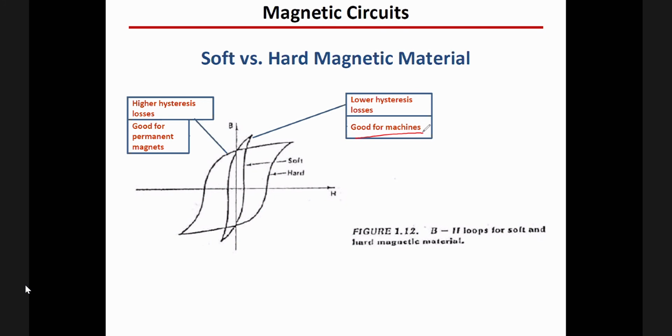Because you don't want machines to store magnetic field and lose part of the input or the output. So when you design the machine you try to pick a material that doesn't store magnetic field. If we have hard material, meaning that we have more magnetic field to be stored, this is good for permanent magnets. Permanent magnets, which we use in certain applications, are considered hard material, where the magnetic field is stored inside the magnet.